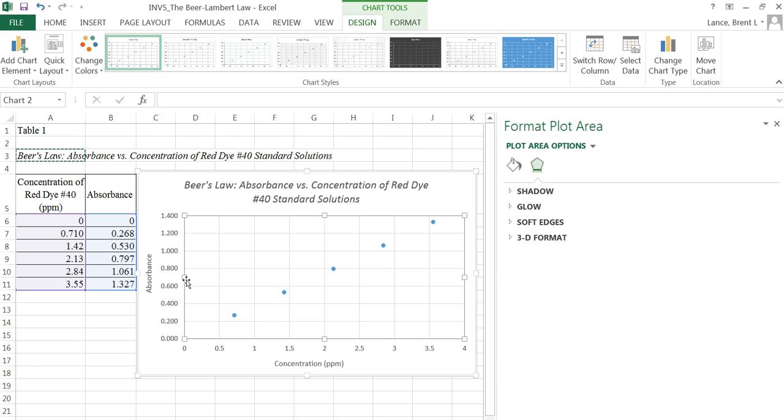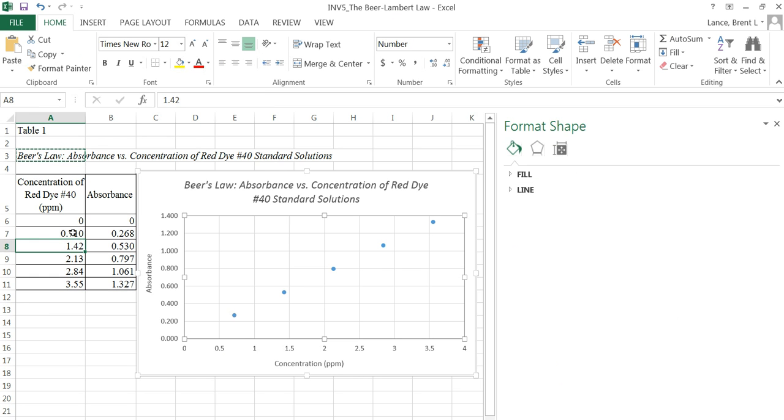And then the second thing you can do is format the independent variable's axis, the x-axis. Most of the concentrations that were prepared here have 2 decimal places. One of them had 3. That's just because you were limited to 3 significant figures based on the precision of the instruments and the concentration of the original stock solution.